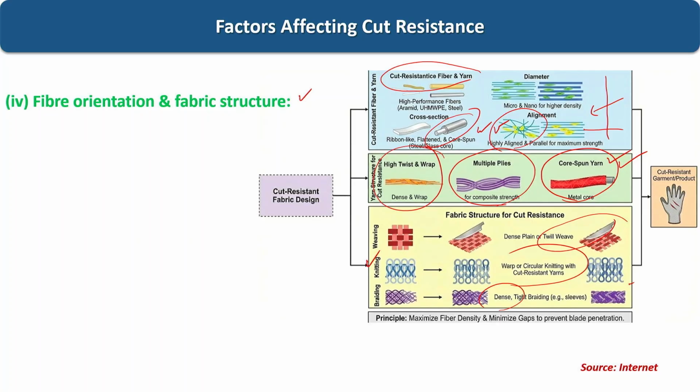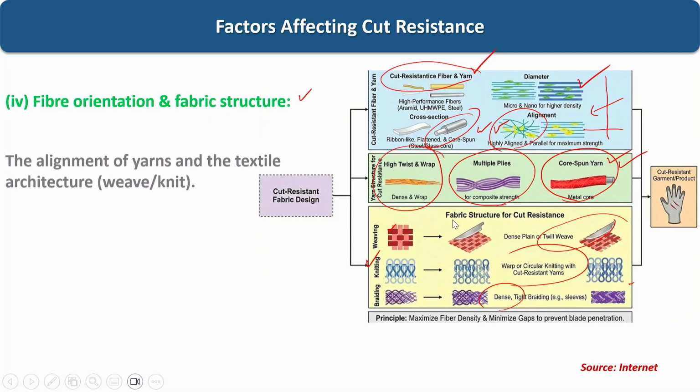So, for producing cut resistant textile, we can manipulate all of this, starting from fiber, yarn structure, type of fabric, and density. Everything can be changed to get optimum cut resistance.